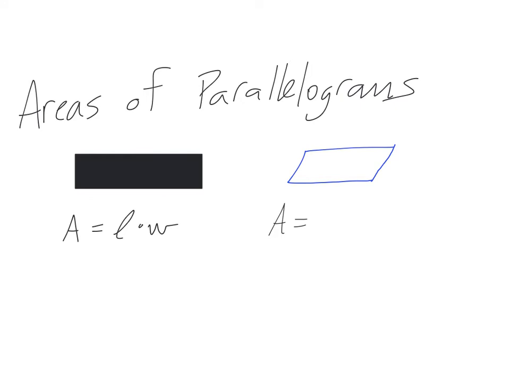Instead of length times width, the length is what we call the base, and then we multiply that by, instead of the width, a line that forms a right angle at the bottom, and that is called the height. And so the area is base times height. That is how you find the area of a parallelogram.